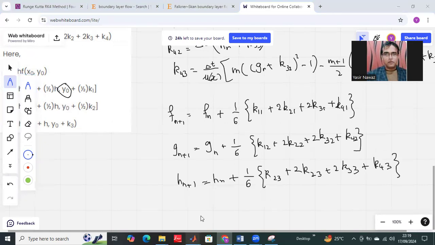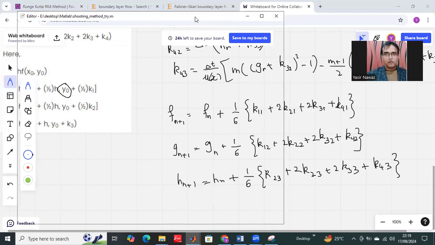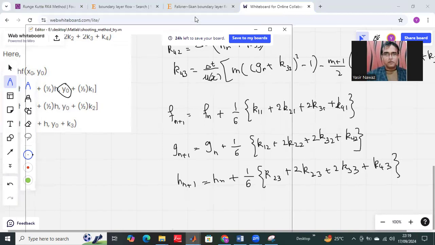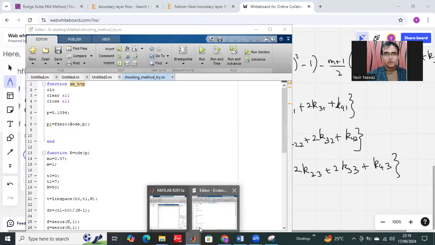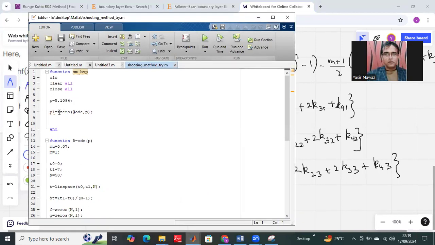Now I have to construct the code in MATLAB. So here, ode45 is the MATLAB solver that solves the equations.